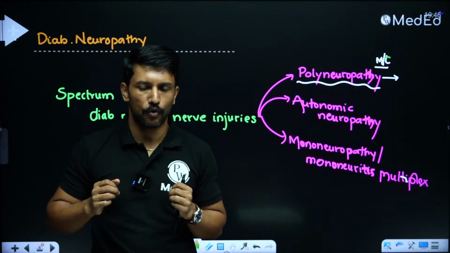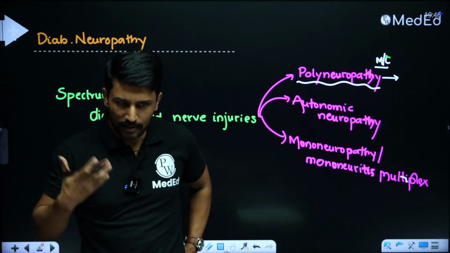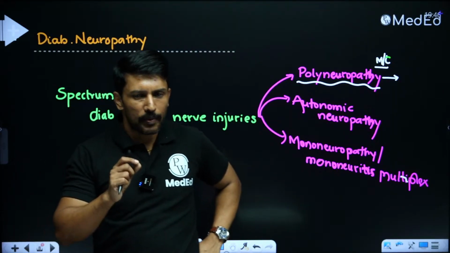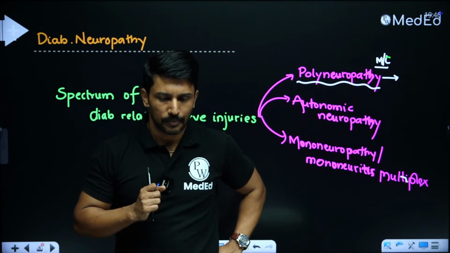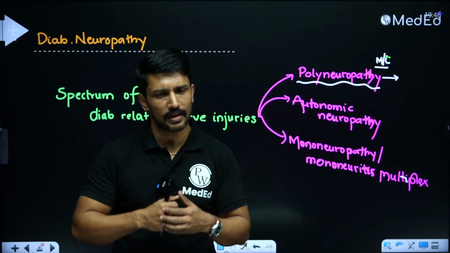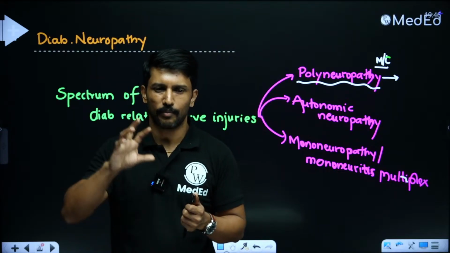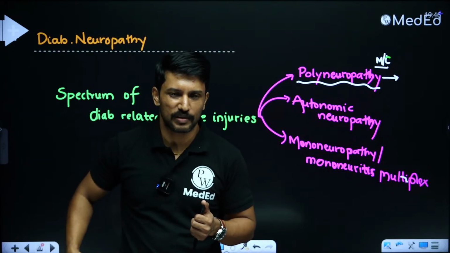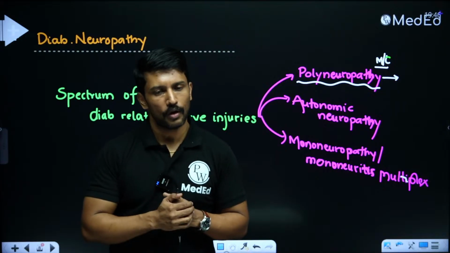The distal parts of the body get affected first. Same, take the example of the lower limb. The nerve supply mainly comes from the lumbar plexus and sacral region. So the lumbar plexus forms the majority of the nerves for the lower limb, with some contribution from the sacral. So lumbosacral segments of the spinal cord are responsible for the nerve supply to the lower limb.